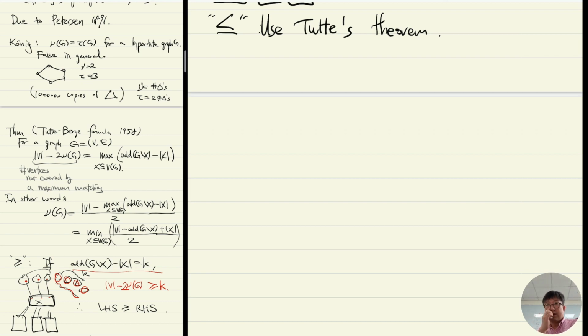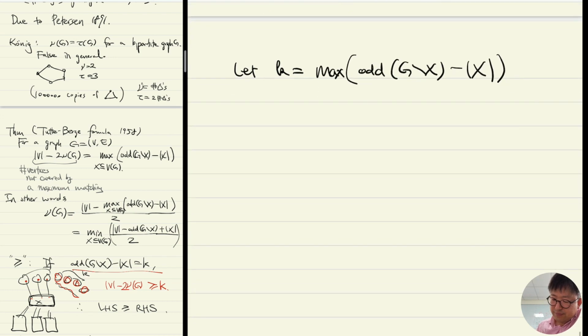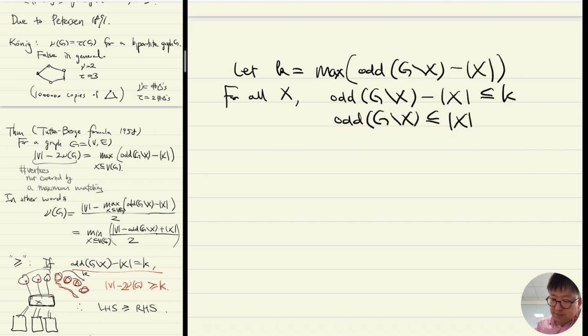So suppose K is the maximum difference between this thing. That means for all X, the number of odd components of G delete X minus the size of X is at most K. So the number of odd components of G delete X is at most the size of X plus K.